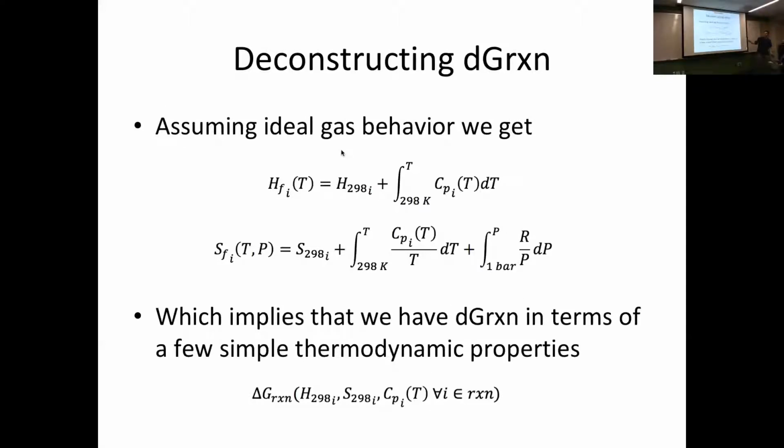And assuming ideal gas behavior, which is usually what we assume in RMG, at least for the simple reactors, we can calculate these as a function of the CP for any temperature and pressure. And what this in general implies is that we need to calculate the delta G of reaction as a function of all of these individual species properties.